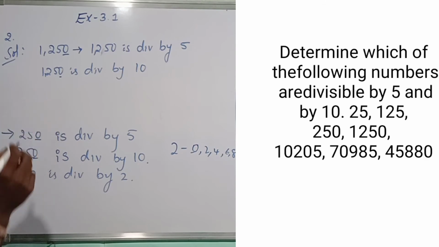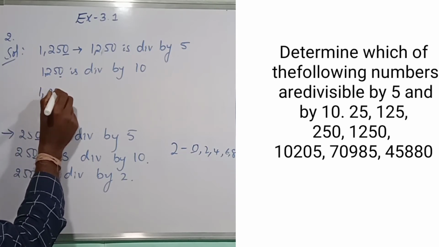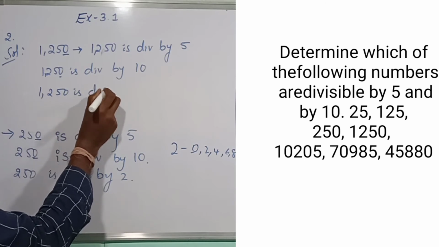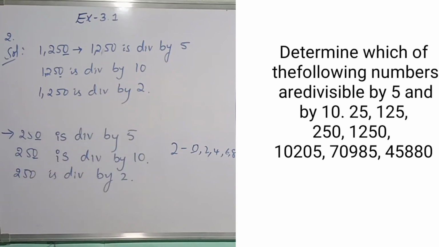If the number is divisible by 10, the number is also divisible by 2. So 1250 is divisible by 2 also.